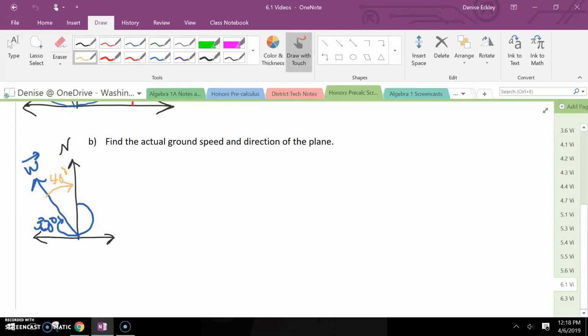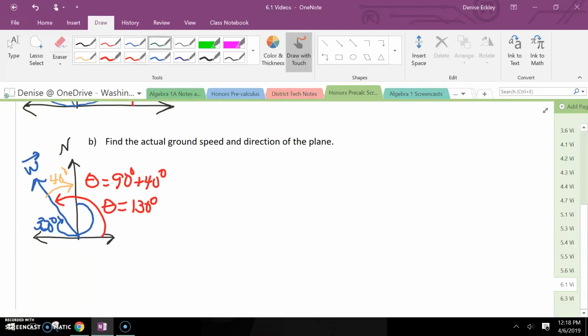So our direction angle is going to be, again, from the positive x-axis to where the vector is. So that is going to give us 90 degrees to due north plus that 40 degrees, so we get a theta of 130 degrees.